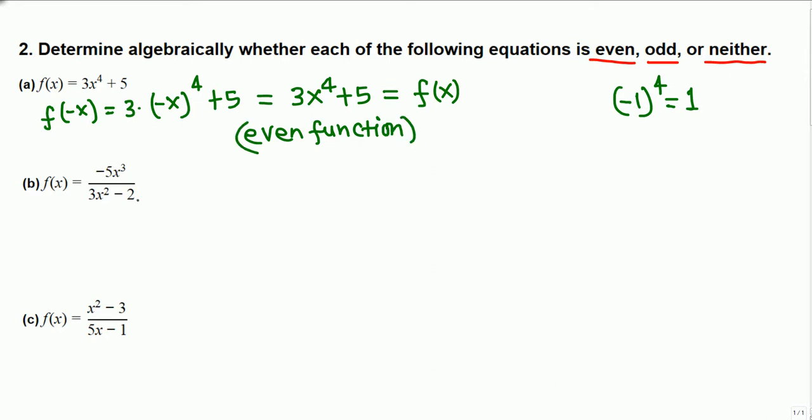Okay, let's go for the second question. Now we replace x by negative x, then we get f of negative x equals negative 5 times negative x cubed over 3 times negative x squared minus 2.